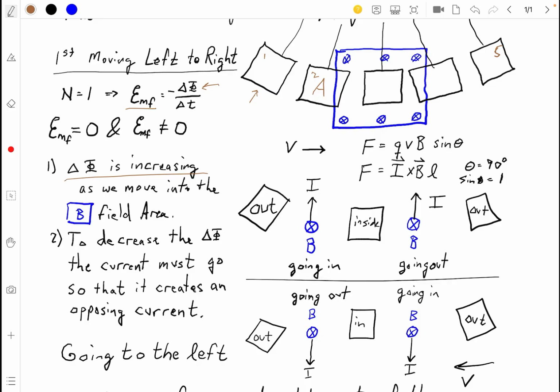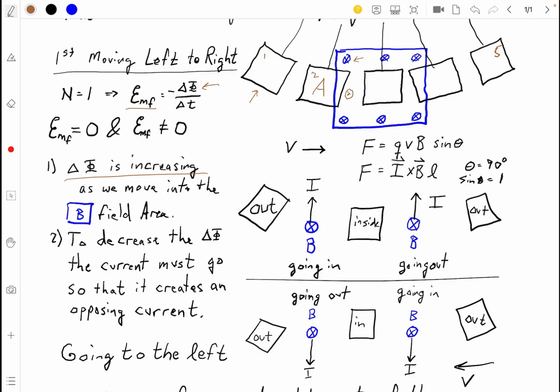Well, our B field is into the page, and the flux is increasing, so a current has to be created that goes in the opposite direction. So it wants to create a B field that comes at us, out of the page.